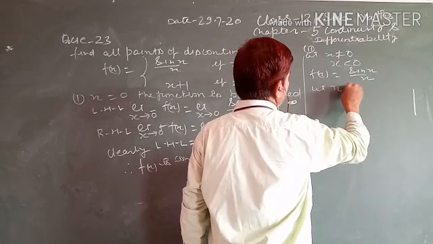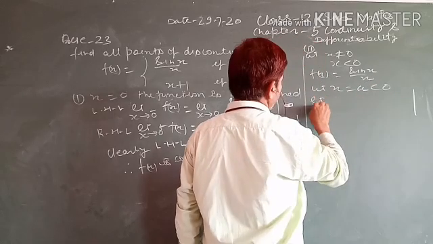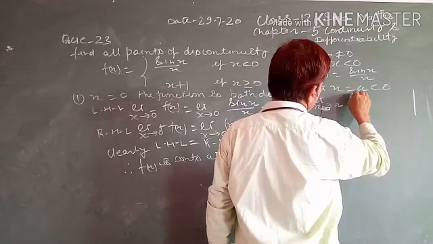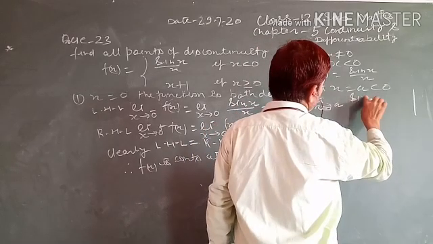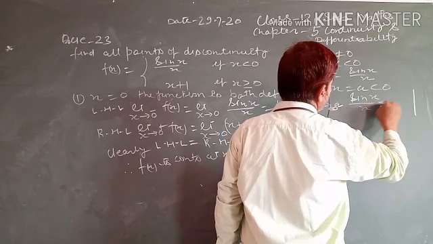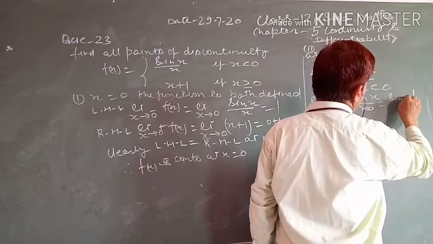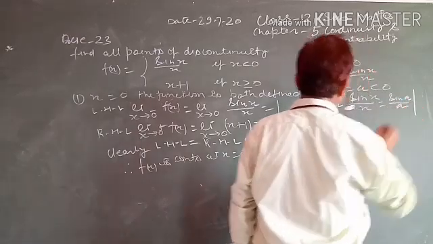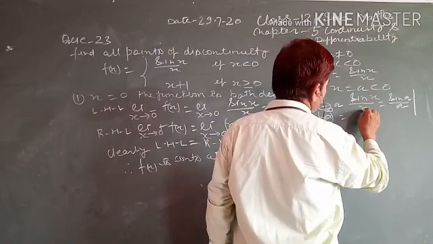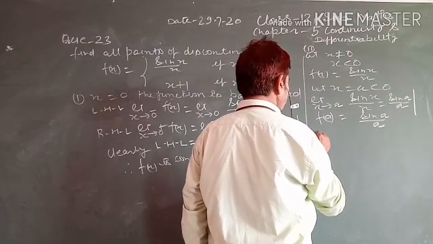Let x be less than 0. Limit of the function, limit x tends to a, sin x upon x. On assigning the limit, it is equal to sin a upon a, and the value of the function f is also equal to sin a upon a.